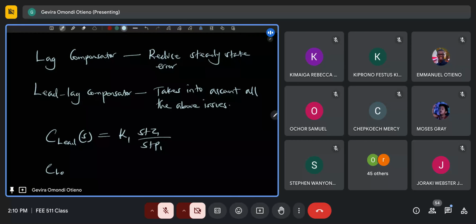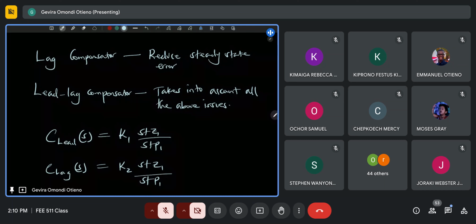The lag compensator, as we shall see today, follows the same type of design where you also just need to come up with the pole location and the zero location. But here, the rules for finding the pole location and the zero location are slightly different. Let me use a different illustration, just for illustration purposes: Z2 and P2, okay?